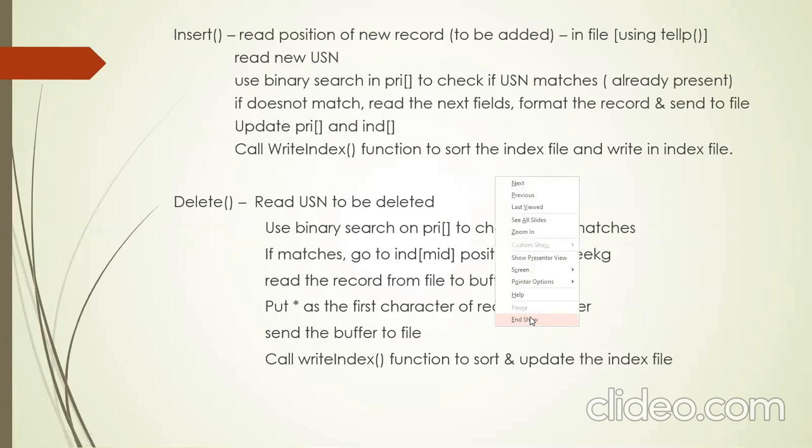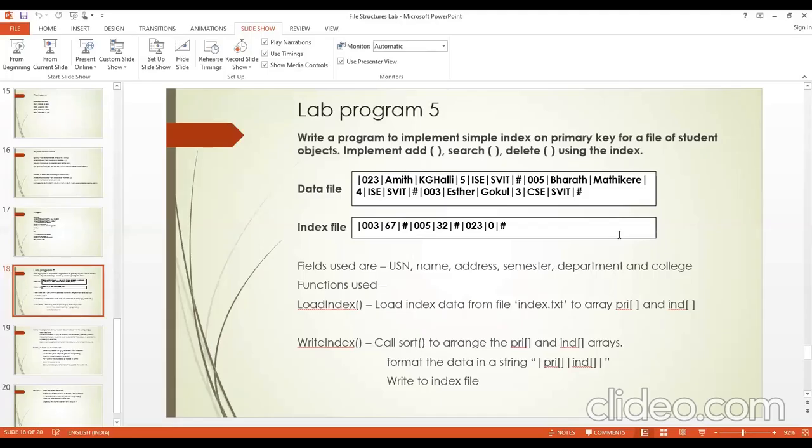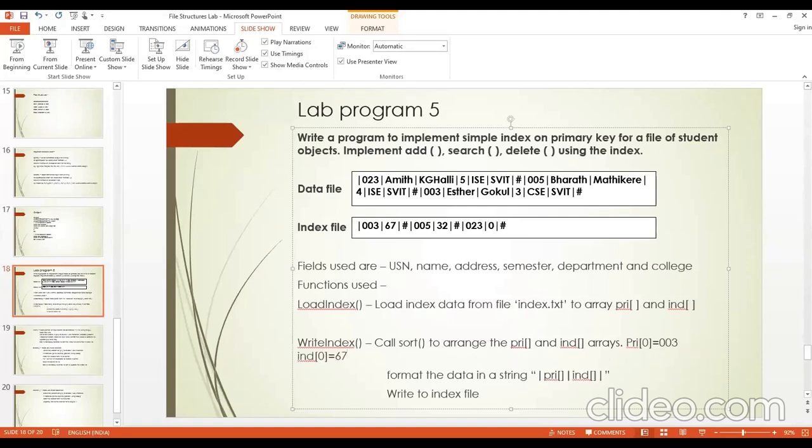So hope you have understood the process, what is happening here. PRI of 0 will have the value 003, and its corresponding value IND of 0 will have the value 67.